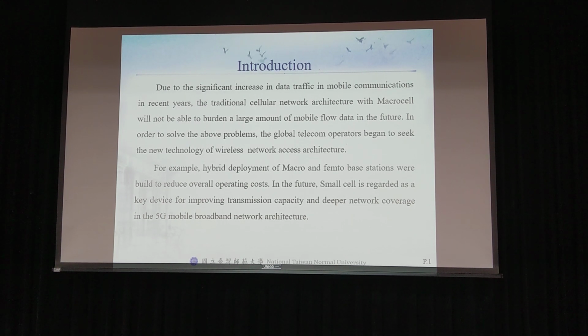For example, hybrid deployment of macro and femto base stations was built to reduce overall operating cost. In the future, small cells are regarded as a key device for improved transmission capacity and deep network coverage in the 5G mobile broadband network architecture.